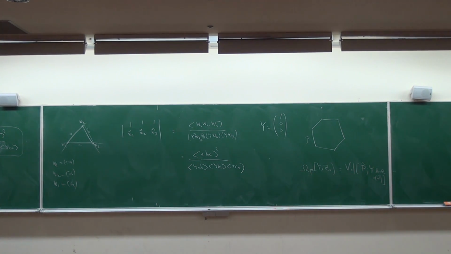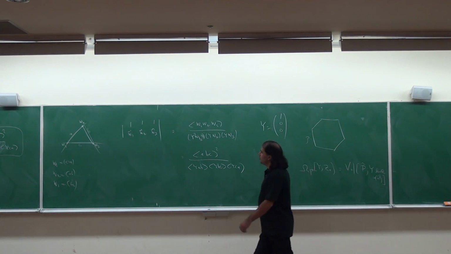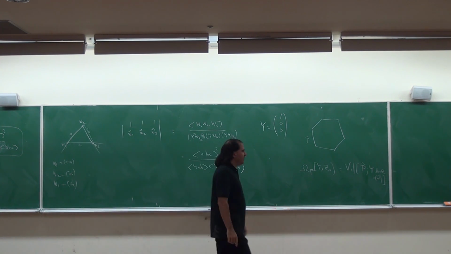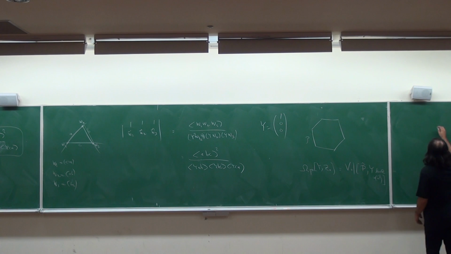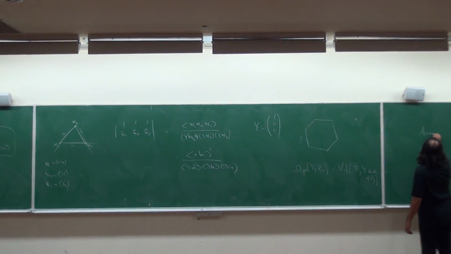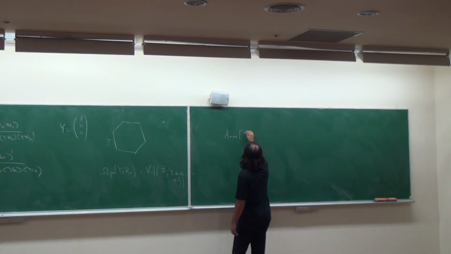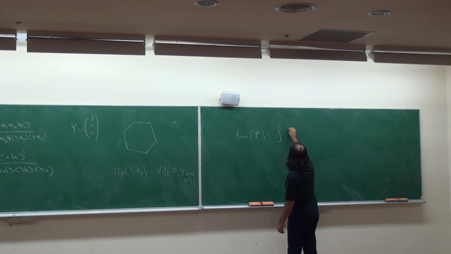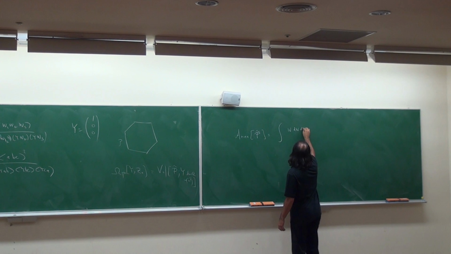Now let me be even more explicit about it. So what is an area? An area is just the integral of the area formed on the interior. So the area of P dual is the integral over all the w's in the dual. So I can write it as w dw dw.